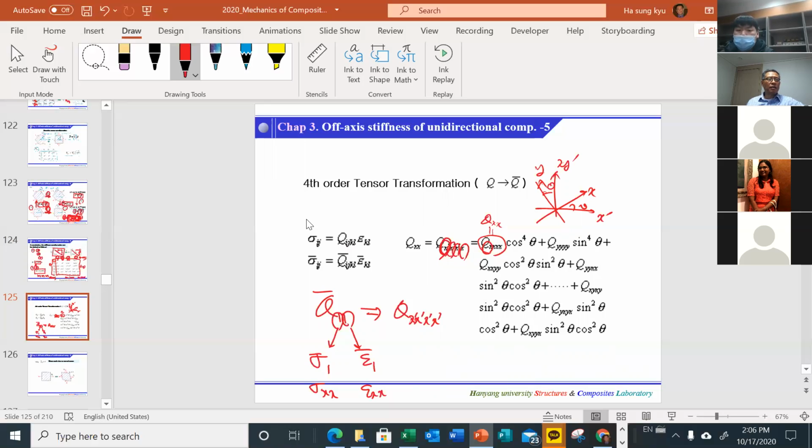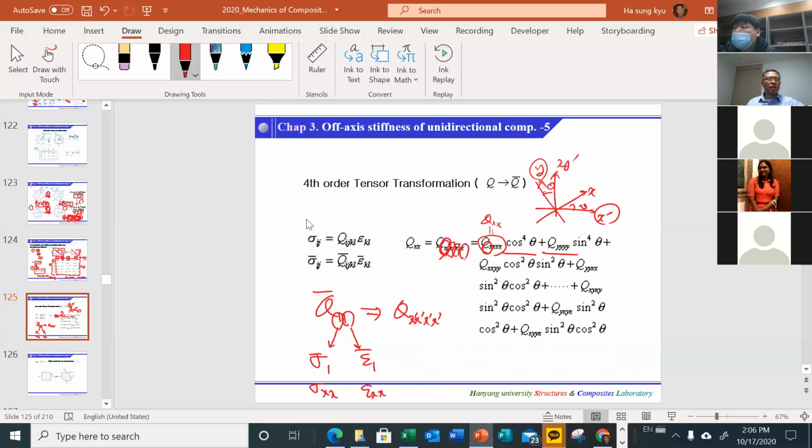Say the angle is theta. So this x prime, this is x, and the angle between them will be all cosine theta. So 4 times cosine theta, and this is the y. So this is the Q prime and y.